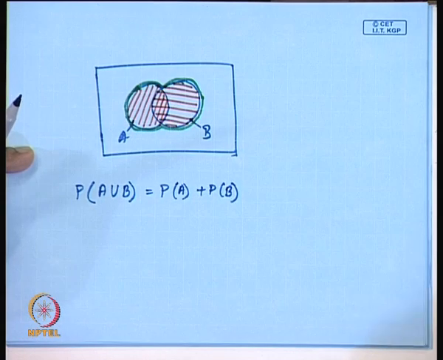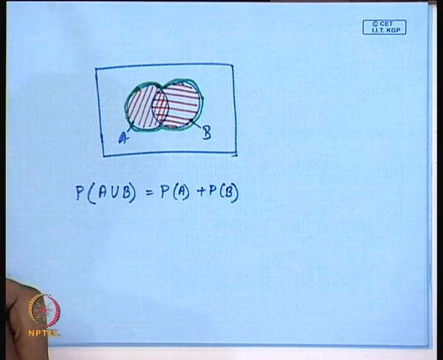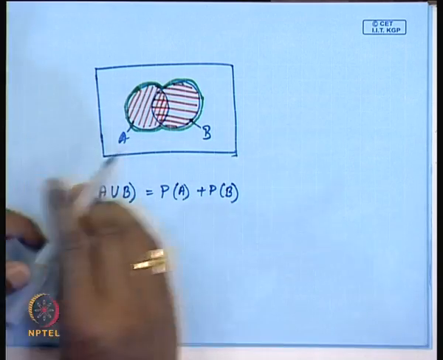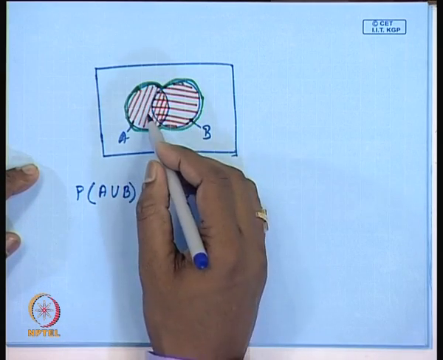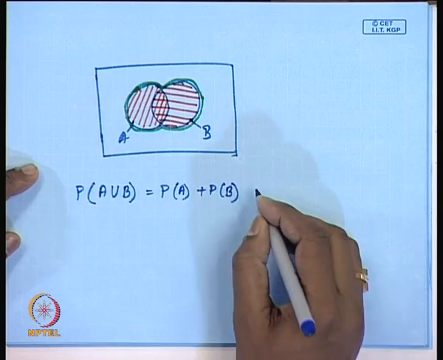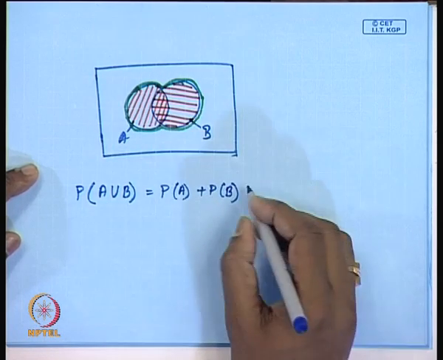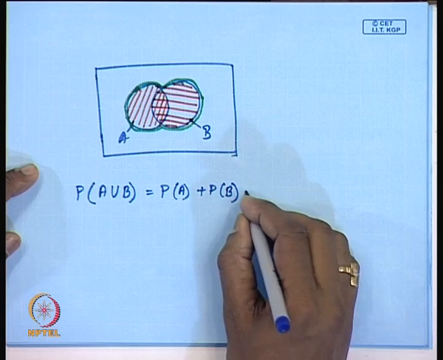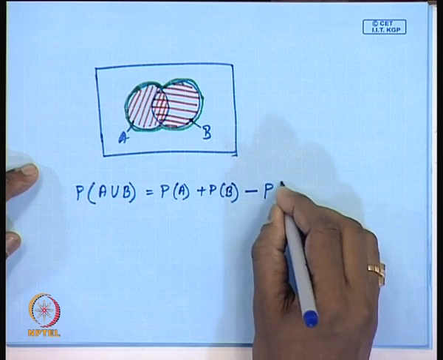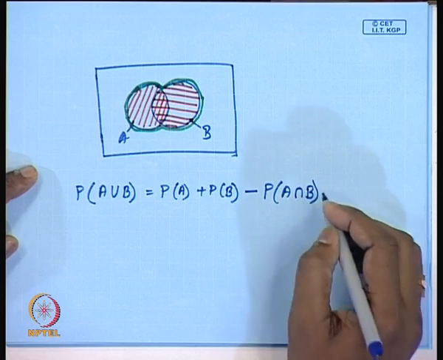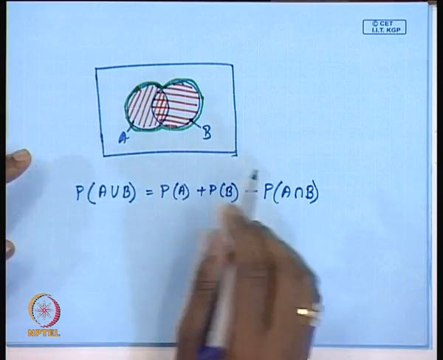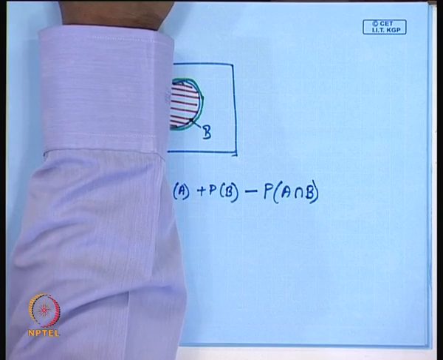So if you see, while adding up these two probabilities, we are adding this area twice, one which is there in probability of A and also in probability of B. That's why this area has to be deducted. So this is minus probability of A intersection B. So this is the graphical representation of this particular equation.